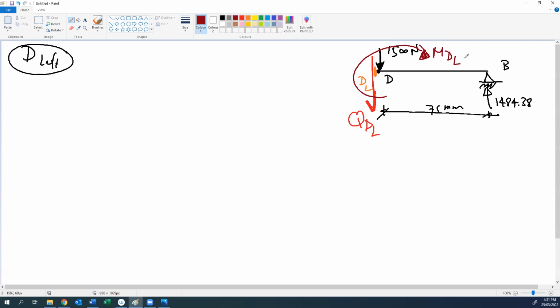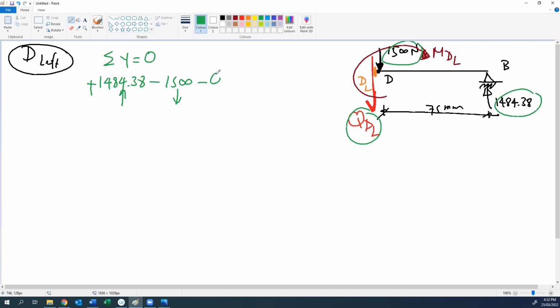How can we find MD left and QD left? Same thing, we apply summation y equal to 0. So we will have these three forces in y direction: 1484.38 going up positive, minus 1500 going down negative, minus QDL going down negative. This should be 0.